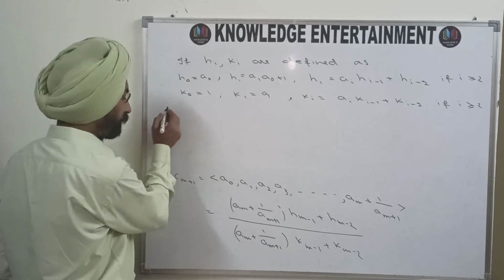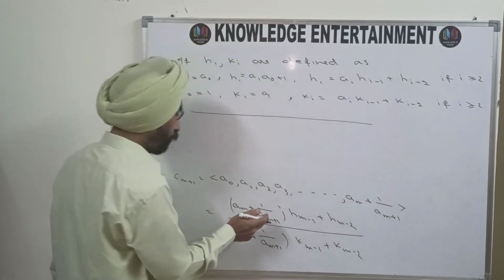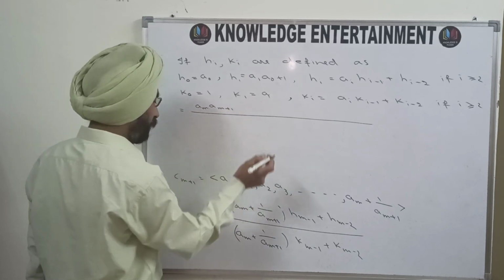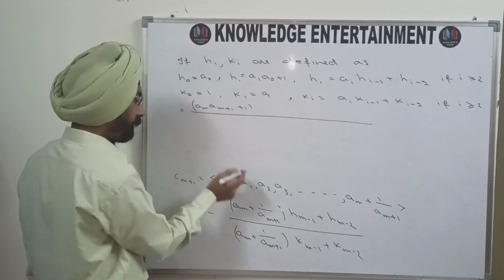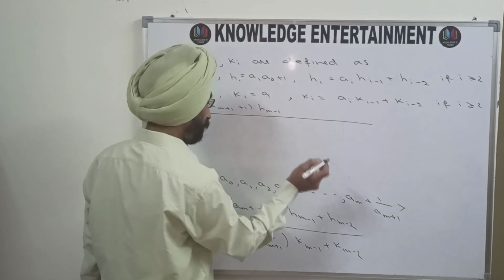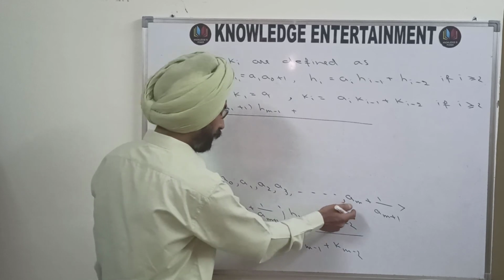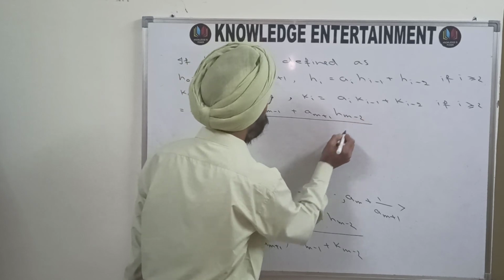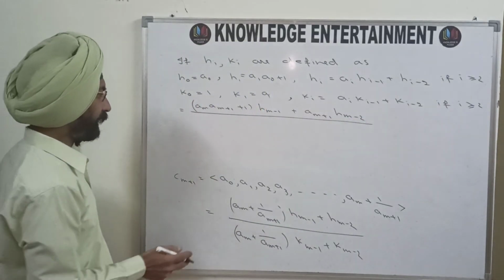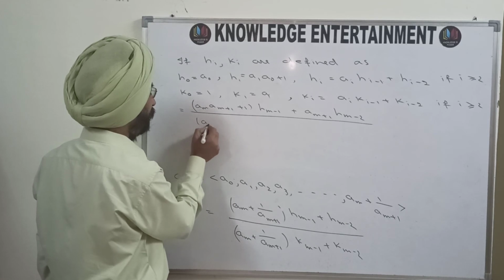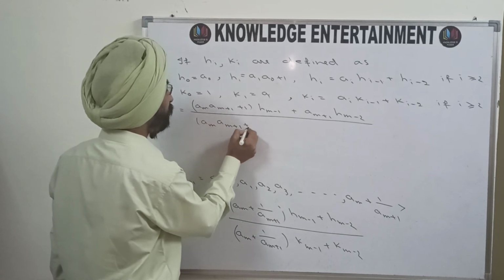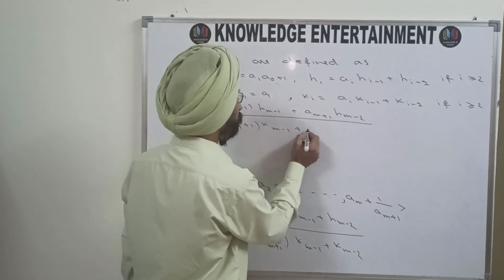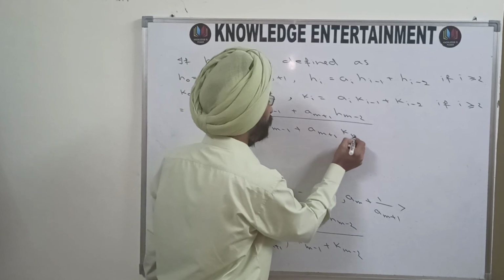The rest of the steps: you will get Am plus 1 plus 1, Hm minus 1, plus, this will be multiplied here also, Am plus 1, Hm minus 2, and similarly in the denominator, Am plus 1 plus 1, Hm minus 1, Km minus 1 plus Am plus 1, Km minus 2.